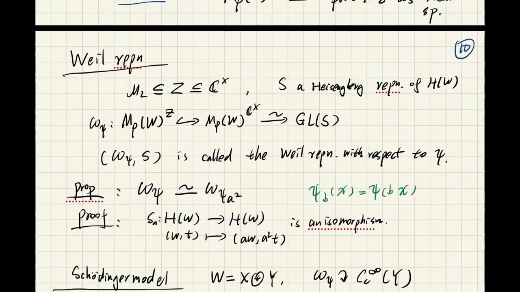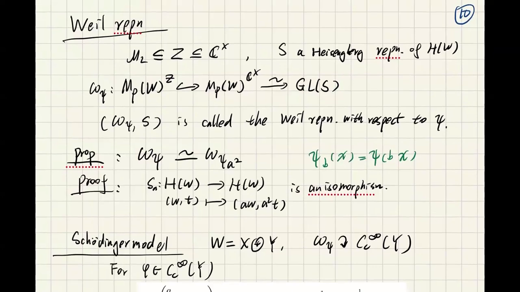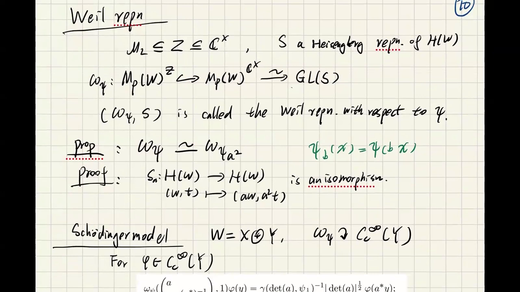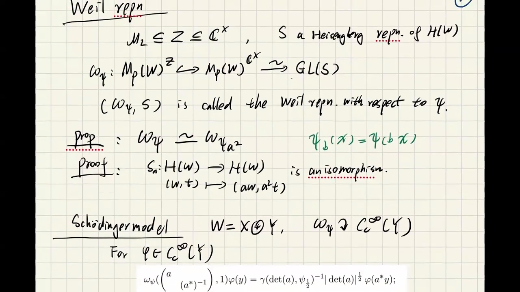There are other things like the Weil representation. I have already explained how you construct the Weil representation: for each Heisenberg group representation, you have a natural, canonical embedding, and this embedding is unique, and then you let it act on the Heisenberg representation. One of the questions is, if you change the additive character, what will happen? It's easy to see that if you change the additive character from psi to psi_{a^2}, where recall that psi_b(x) is just psi(bx), then these two representations are isomorphic.